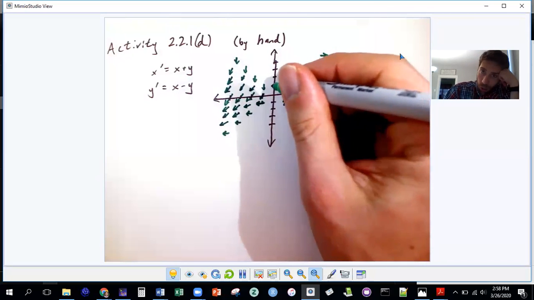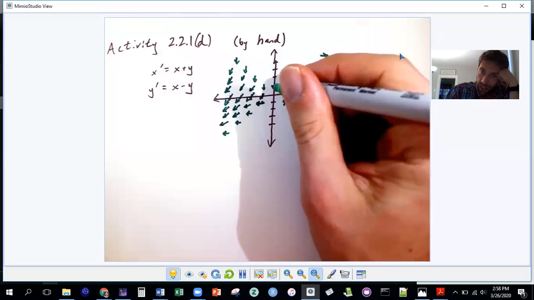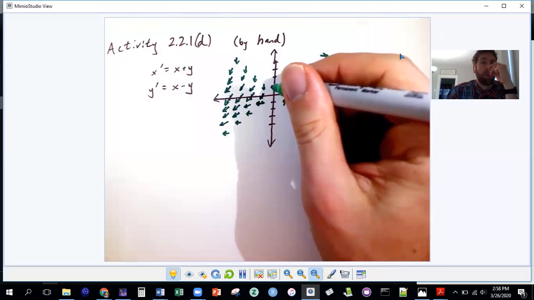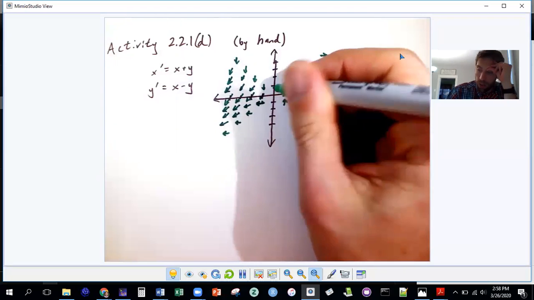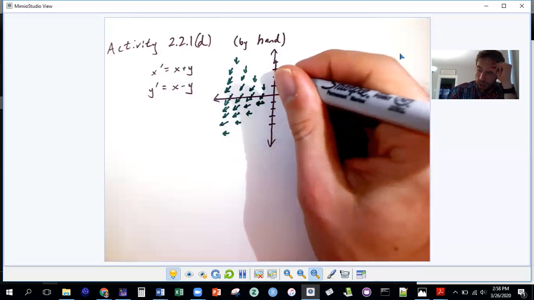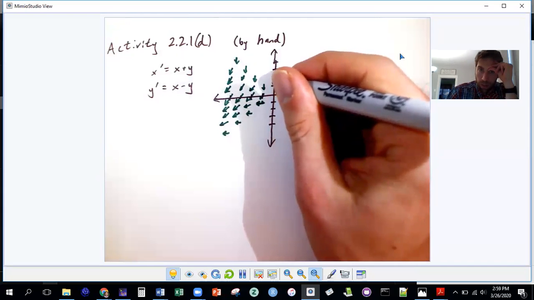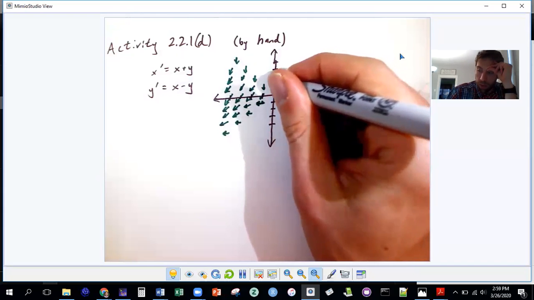What about when y is 1 and x is 0? When y is 1 and x is 0, then x prime is 1 and y prime is -1. So it's a -1 slope, and x prime is 1, so it's moving in the positive x direction.